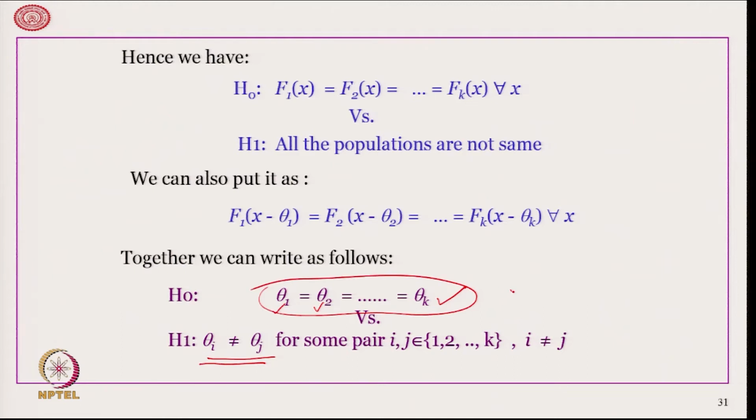So, this is the null hypothesis, this is the alternative. We are testing if we can accept or reject H naught.